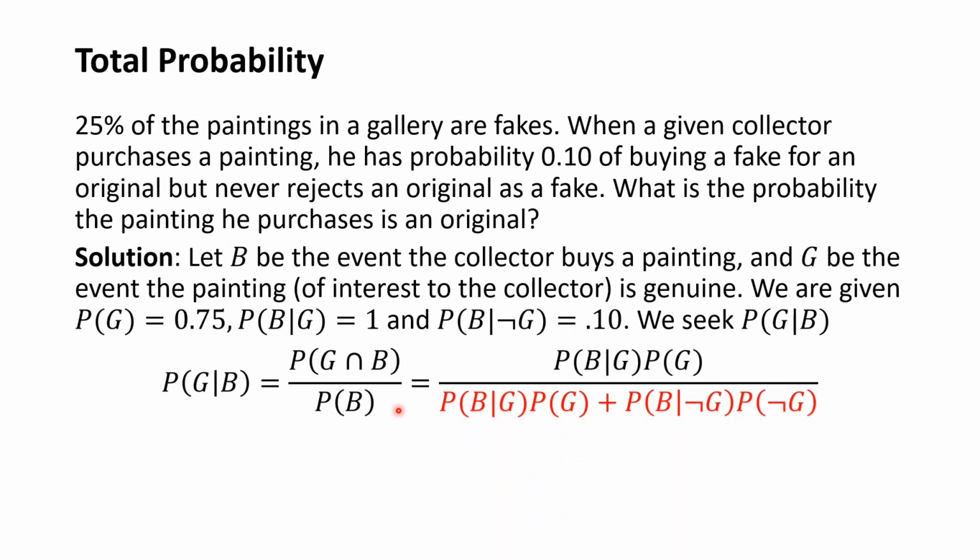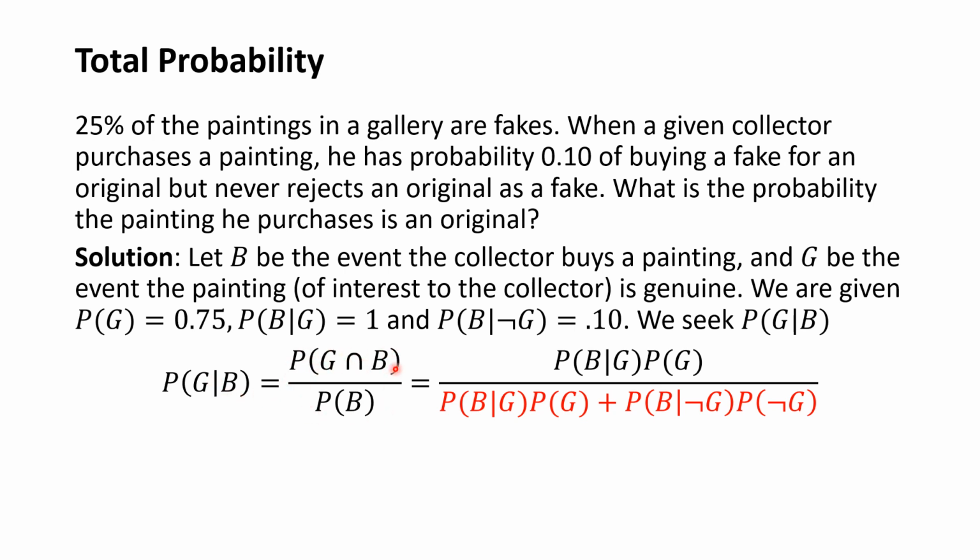From the conditional probability definition, we have this here, and we're looking for the probability of G given B. What's the probability the painting that he purchases is genuine, given that he's bought a painting from this gallery? And we write that out as this here.